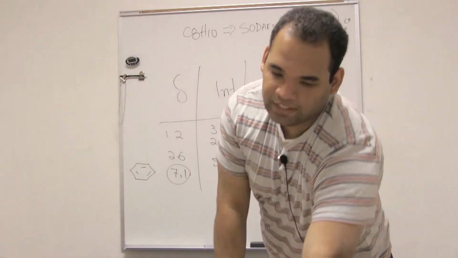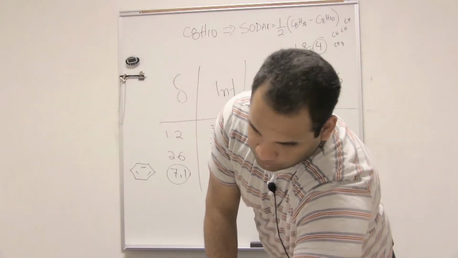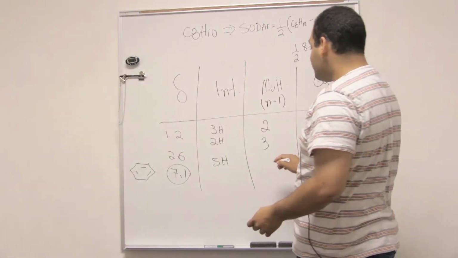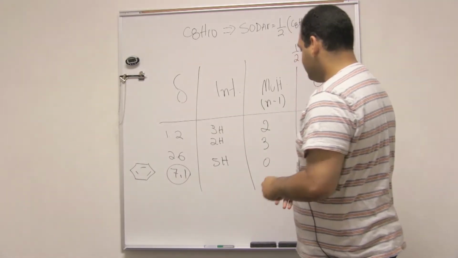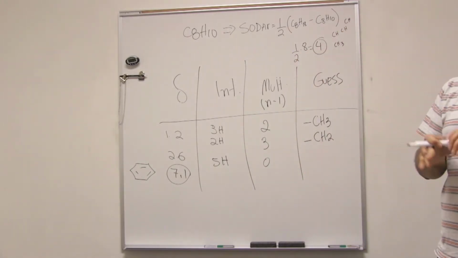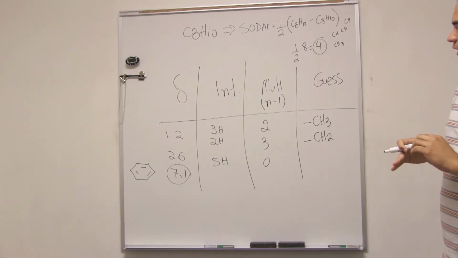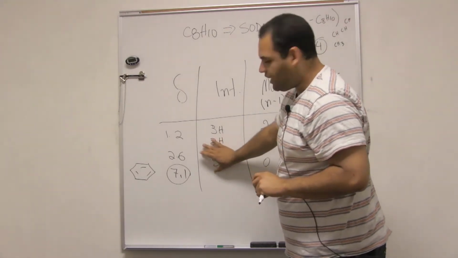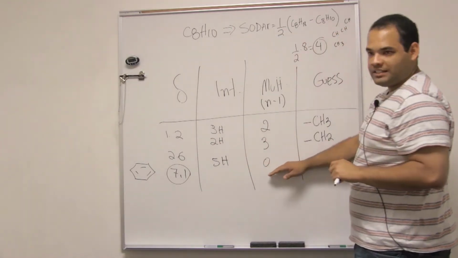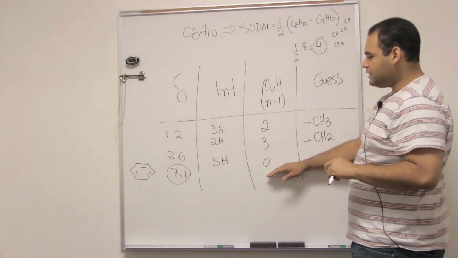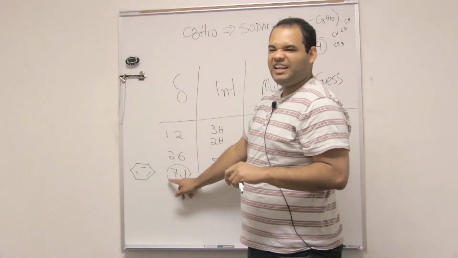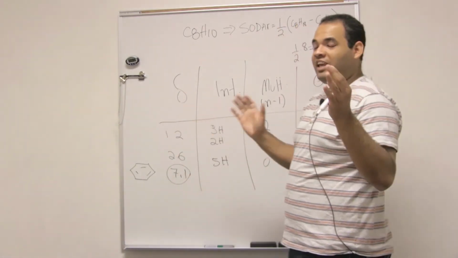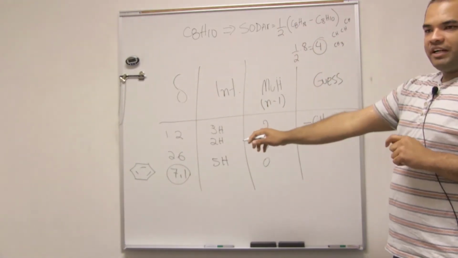And then the last one is a broad singlet, so n is equal to 0, which is another indicator that it is a ring. Usually when we have a ring, it shows up as 5 hydrogens in a broad singlet. Every time we see a broad singlet with 5 hydrogens in the 7.1 to 7.5, 8 range, it is probably a ring.